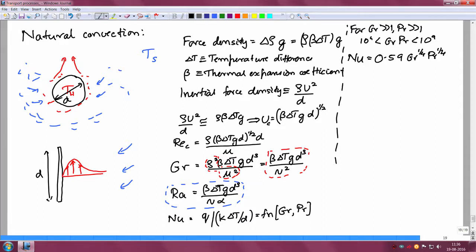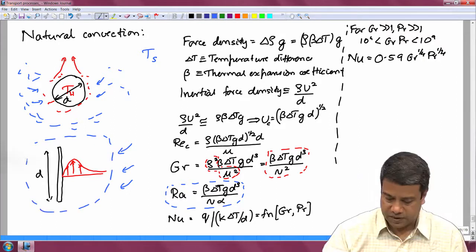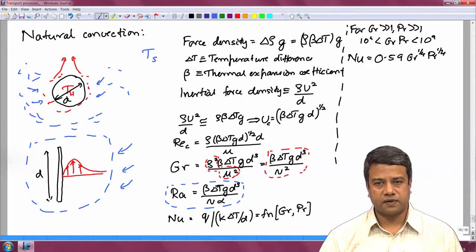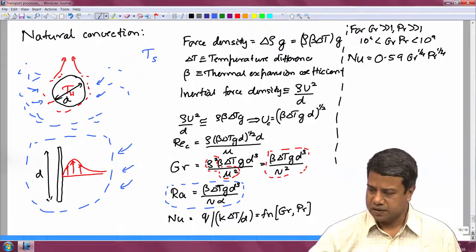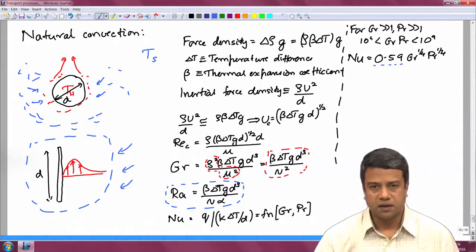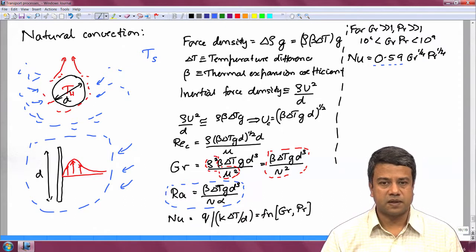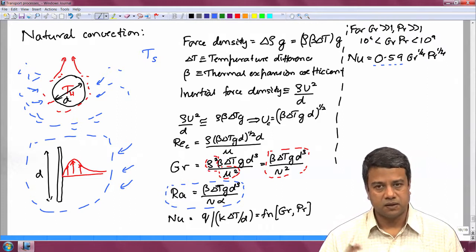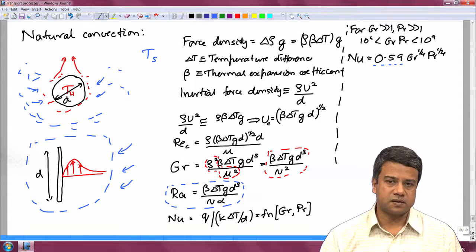This correlation is for the problem of heat transfer from a vertical plate. For heat transfer from objects of other shapes, this coefficient will change. However, the dependence on the Grashof and the Prandtl number will not change even if the shape of the object changes, though the numerical coefficient in this correlation will change.